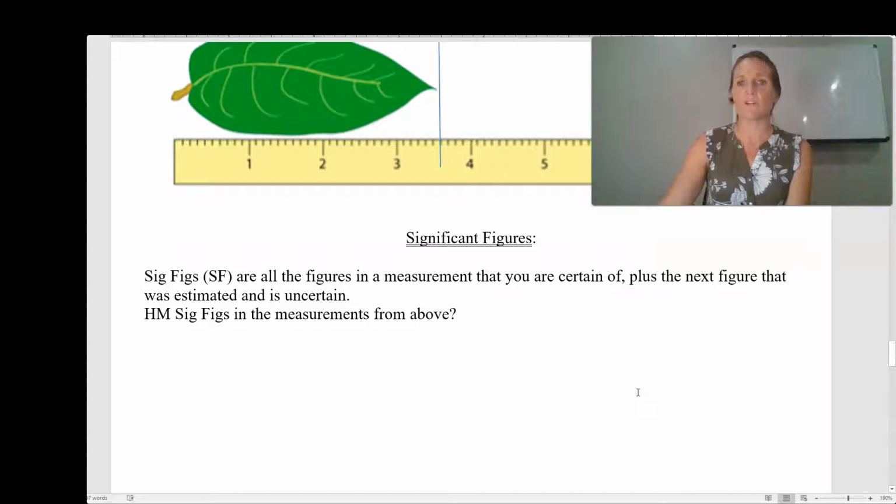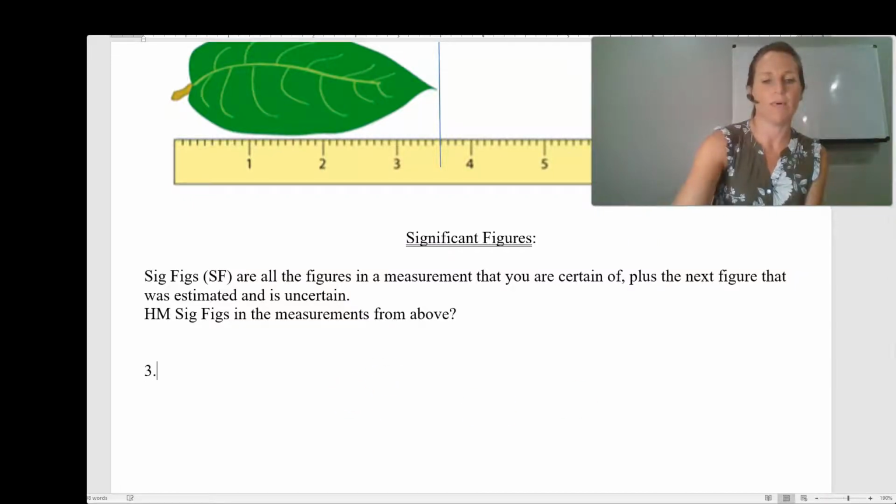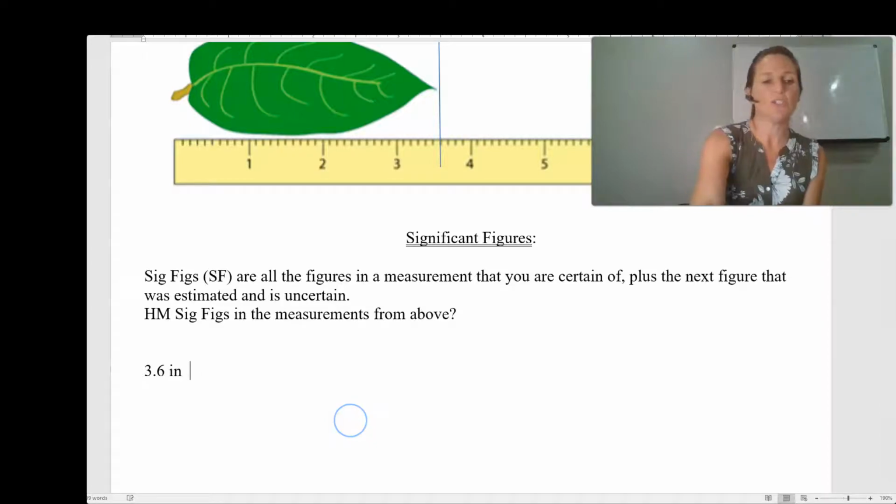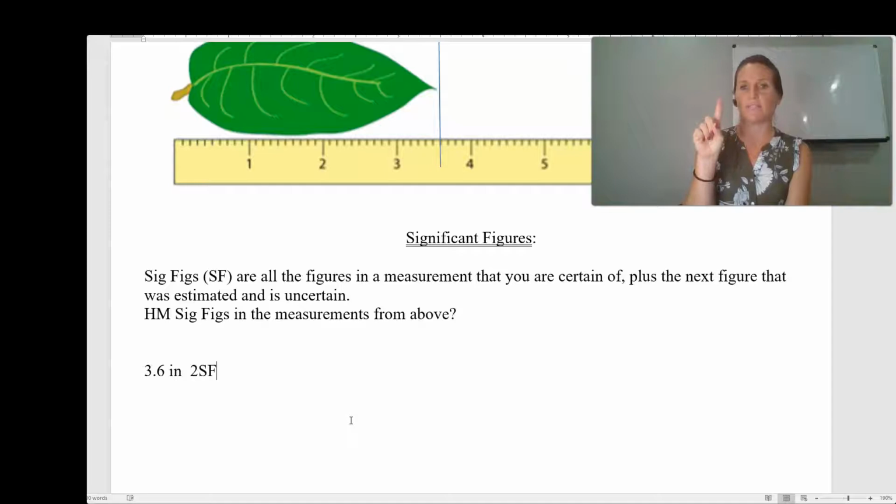So in our first measurement, we got a value of 3.6 inches. 3.6 inches has two significant figures. 3 is significant, 6 is significant. 3 we're sure of, 6 is a guess, both significant figures.